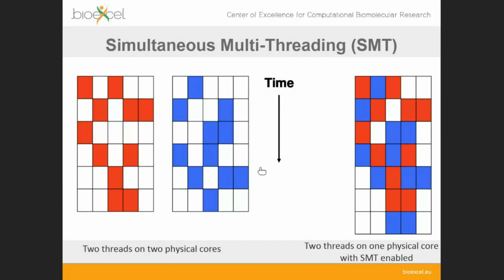To have an idea about what it looks like, if you had two software threads, two streams of instructions that your software wants to execute, the red and the blue, these could either be executed on two distinct physical cores, and then the different columns here would be, for example, different units.